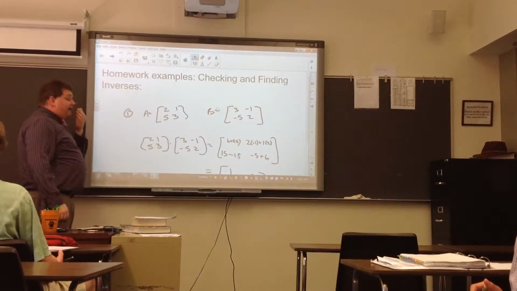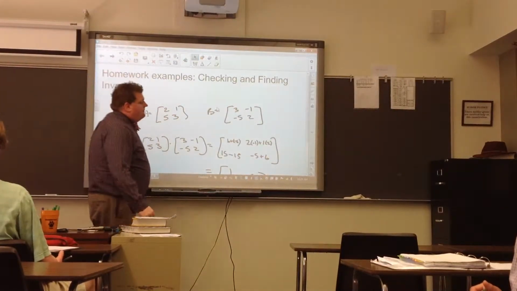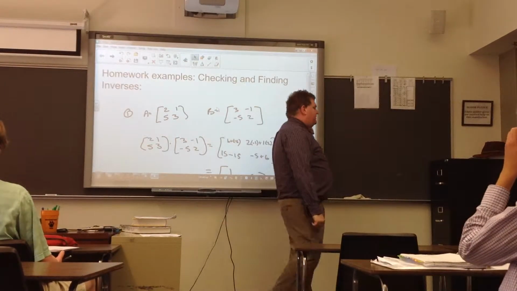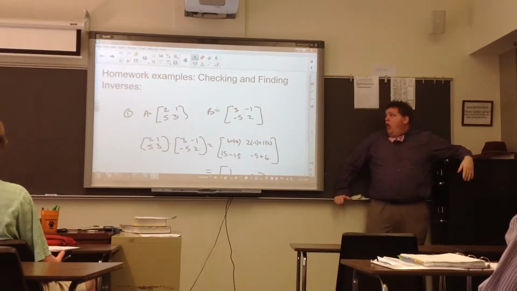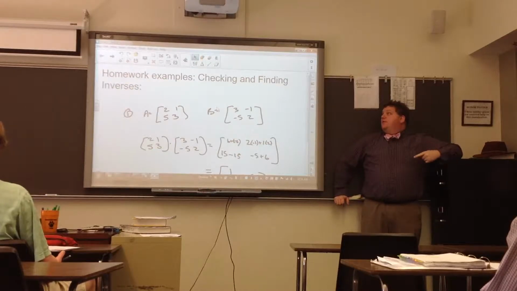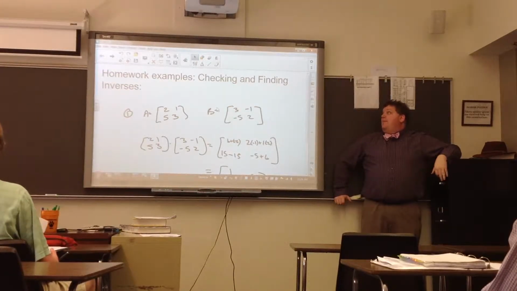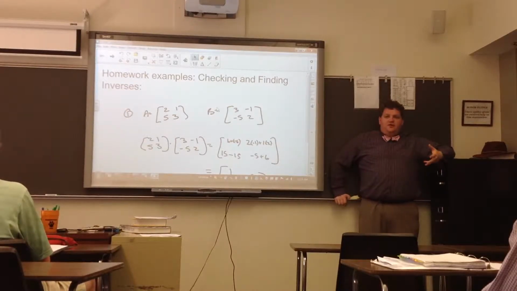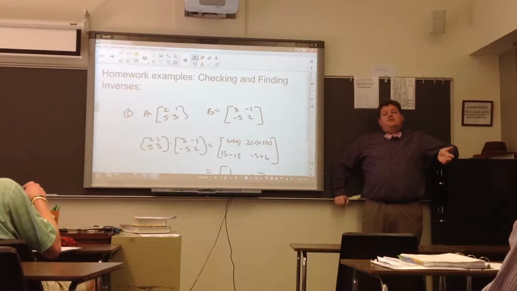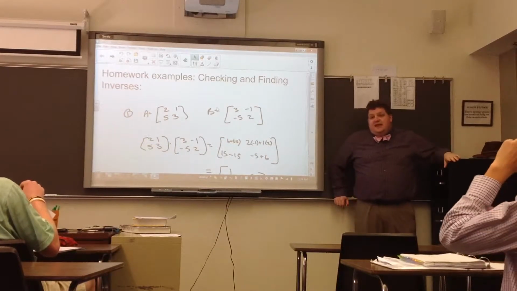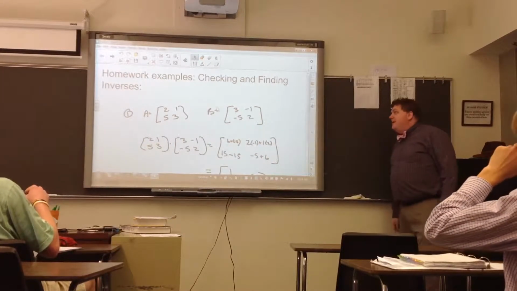But anyway, okay. So what we're going to do right now, everybody, before we start talking about anything new, we're just going to go over some examples from the homework from last night. The first part was checking to see if two matrices were inverses, and also finding the inverses of matrices.